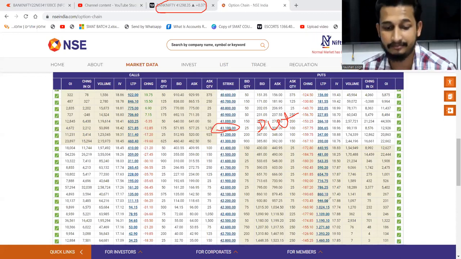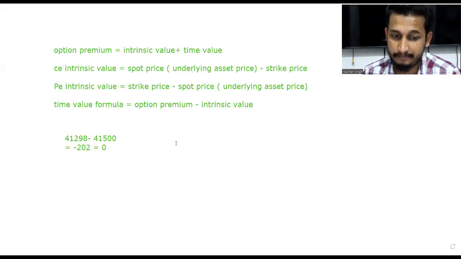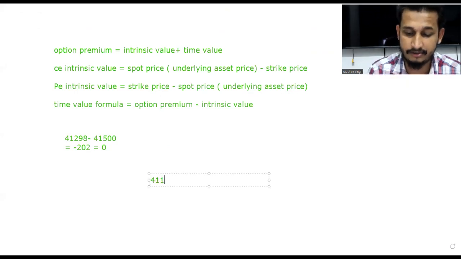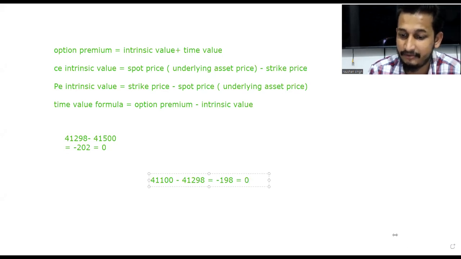Plus 298, what to expect from you? I will have to teach all the basic maths. 41 put intrinsic value: 41,100 minus 41,298 is equal to minus 198. Can anything go in negative? No, right? So intrinsic value will be 198 or 0.